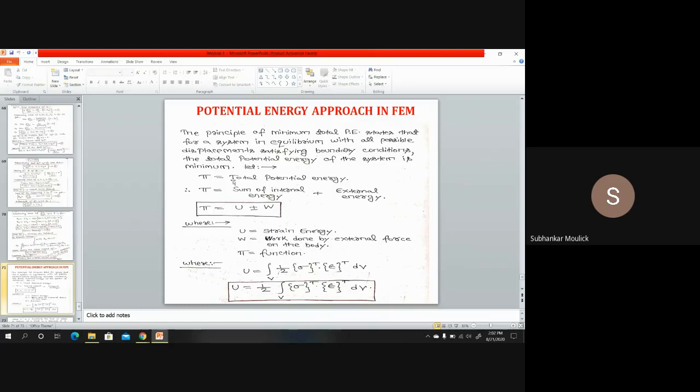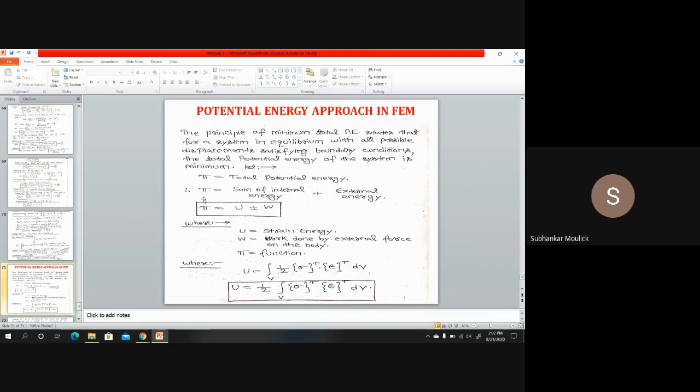That means if pi is the total potential energy of the problem, then this pi can be written as the summation of internal energy stored in the given problem plus the external energy of the problem. And sometimes this pi is also known as potential function or simply potential. There are three names of this pi.